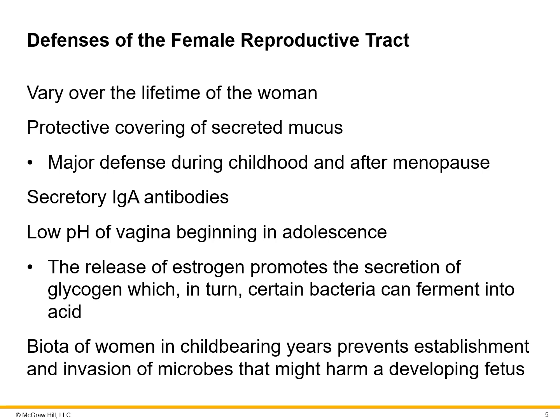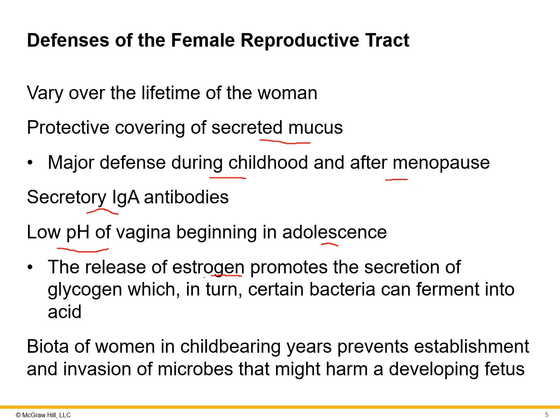Now, some of the other defenses here, again varying over time, but they have a secreted mucus that helps protect and line them, that again makes it hard for organisms to attach to or get through. This is the major defense during childhood and then after menopause, before that biota is really established. Again, those secretory IgA antibodies that we mentioned earlier, and then the low pH of the vagina. That's going to begin in adolescence. And as I mentioned before, this is due to the release of estrogen.